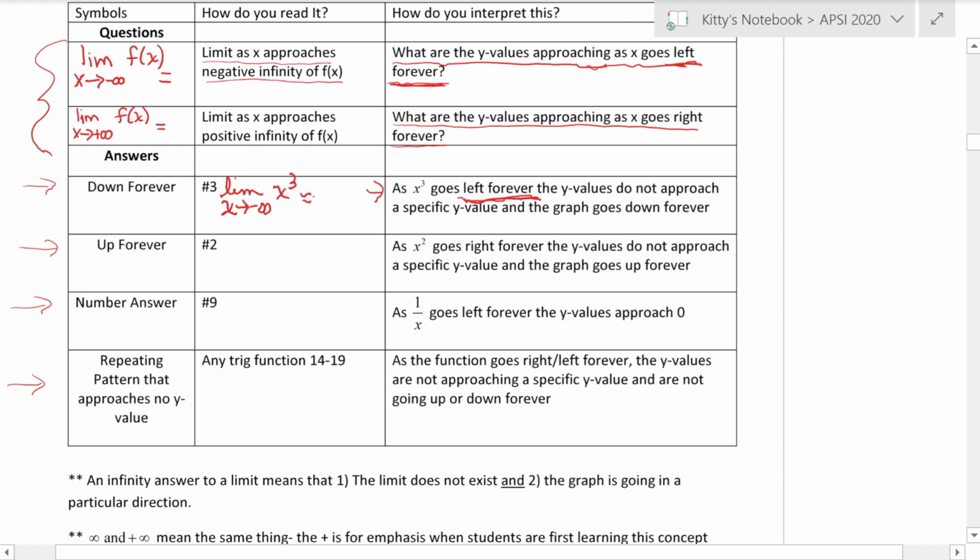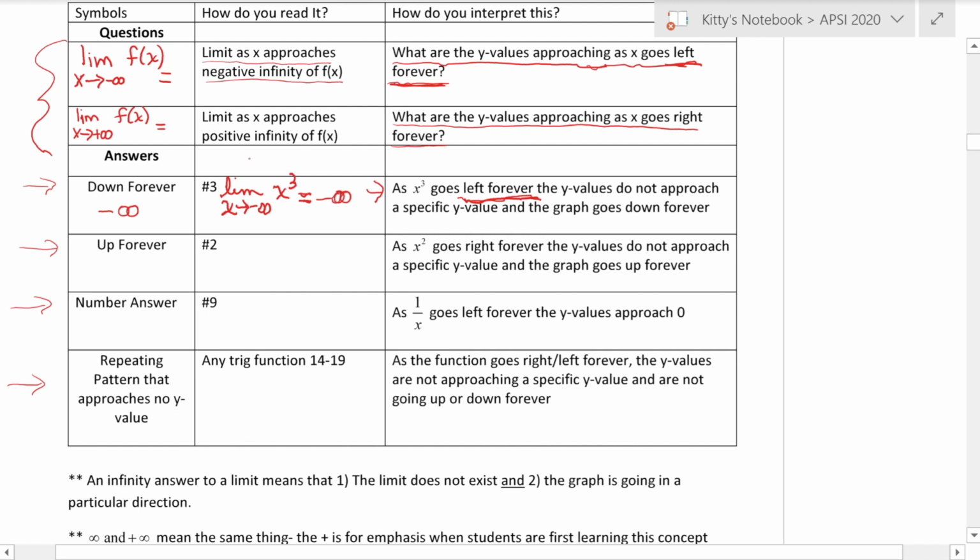And we actually had an answer there. That answer was it goes down forever. Well, how do you write answers that say down forever? That is going to be negative infinity.